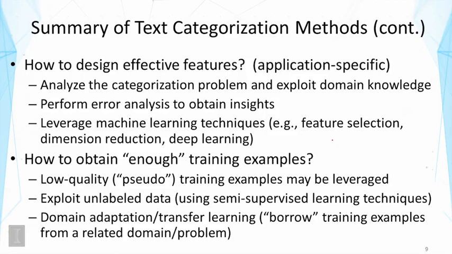Now, regarding the training examples, it's generally hard to get a lot of training examples because it involves human labor. But there are also some ways to help with this. One is to assume some low quality training examples can also be used. Those can be called pseudo training examples. For example, if you take reviews from the internet, they might have overall ratings.